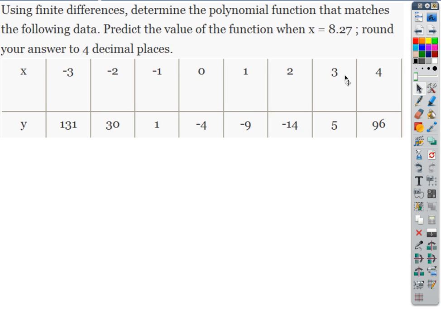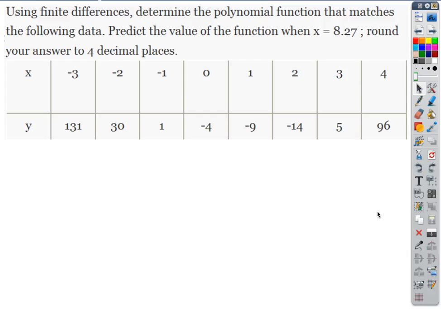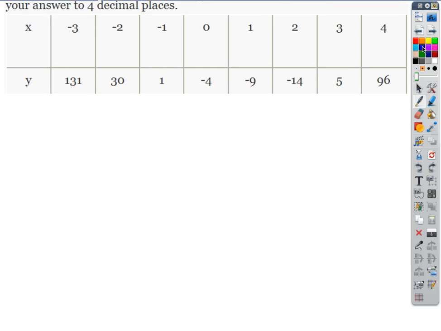Yeah, this is that one where we have to make that big difference tree, right? This whole thing. And why do we need this? What's the point of doing this difference tree? Yeah, we have to know what kind of regression to do, right? We have to know what type of polynomial.